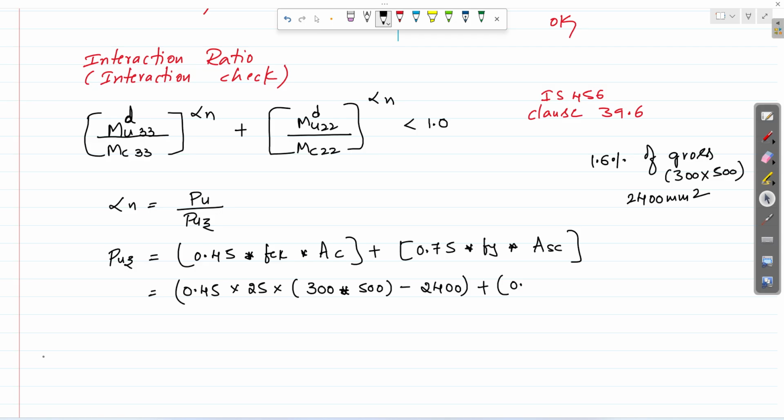Plus 0.75 into Fy, Fy is 500, multiplied by Asc, the area of steel, again 2400.